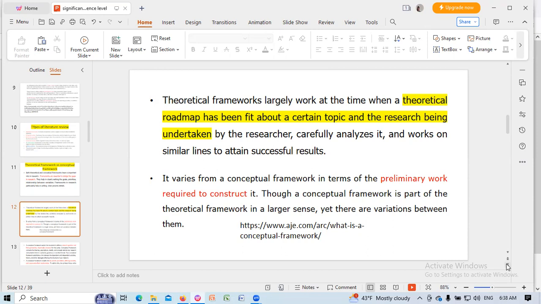Theoretical framework is which theory is applied, which philosophy is applied in your research topic, but conceptual framework is what are the preliminary works related to your research topic. This is the conceptual framework.